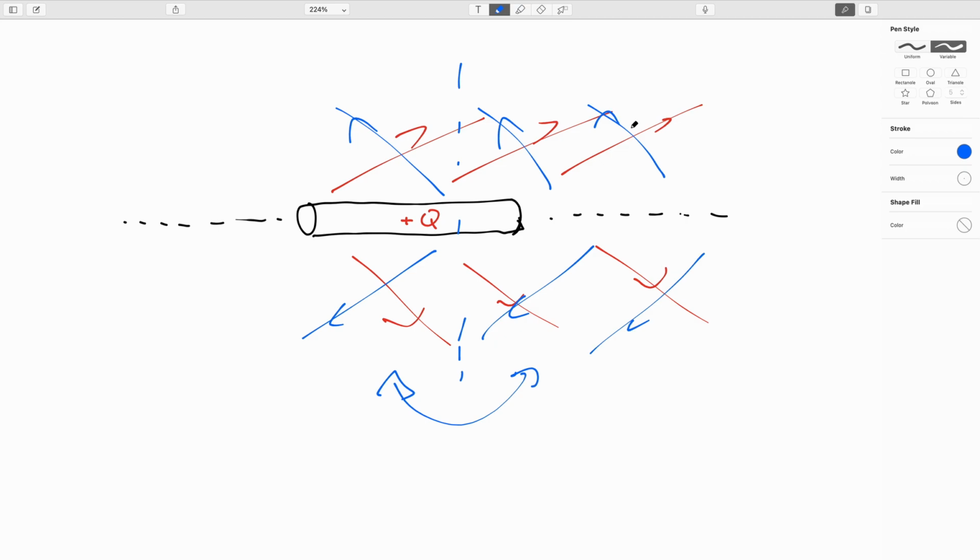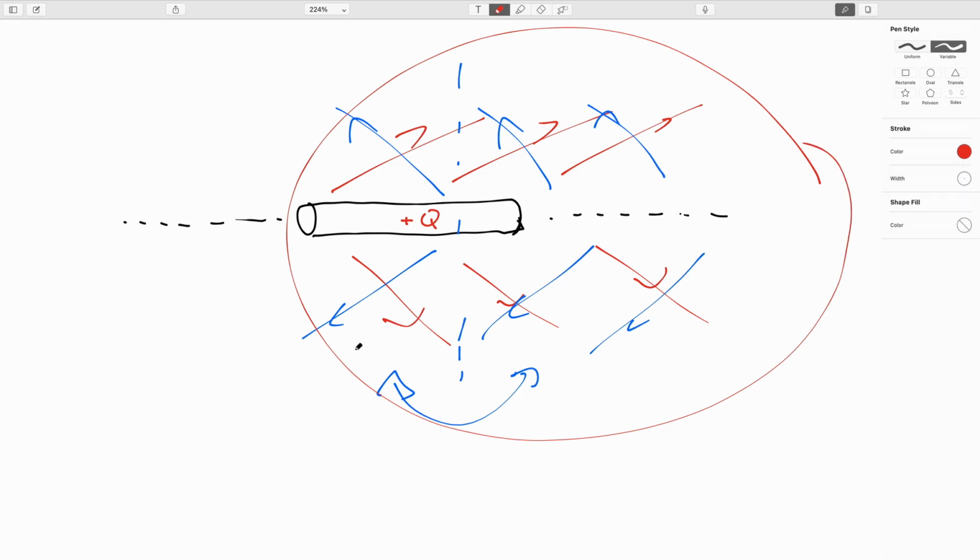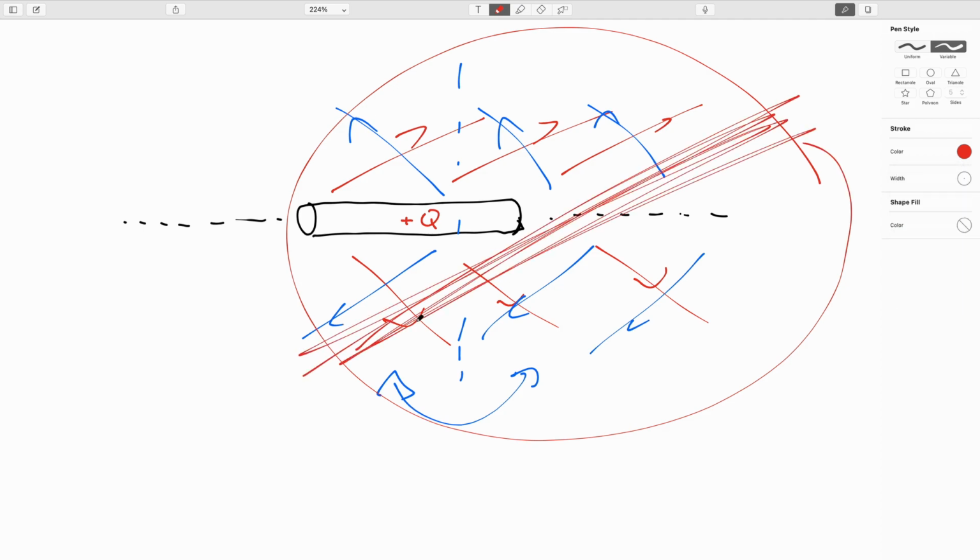But since the object looks exactly the same, that doesn't make any sense. I should get the exact same electric field after I reflect it. So that puts an awful lot of constraint on what our electric field could possibly look like, and it's not going to look tilted off.